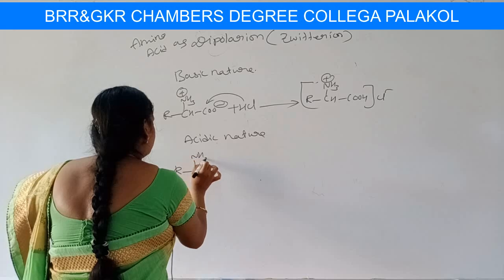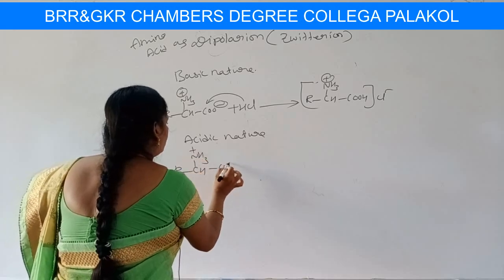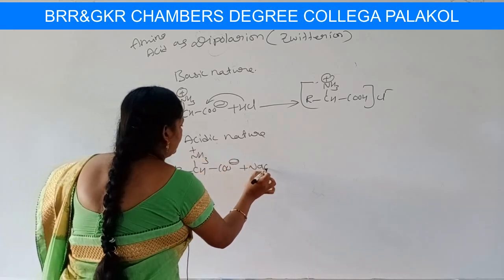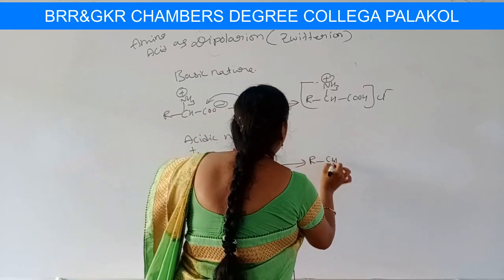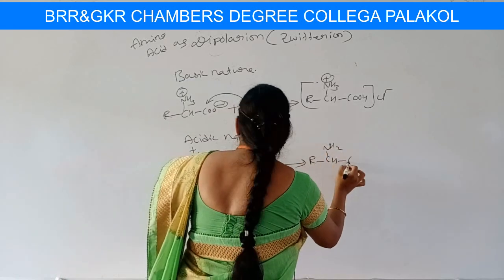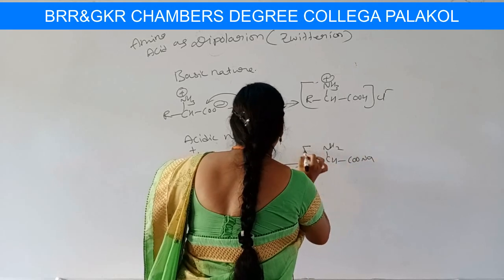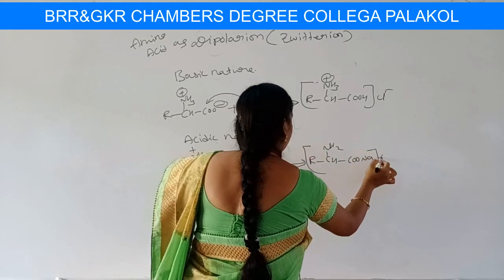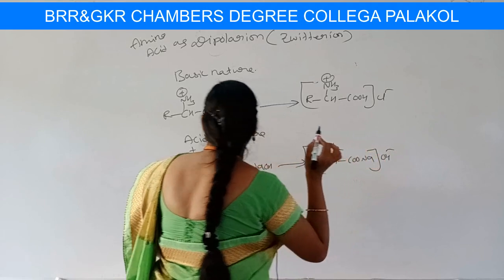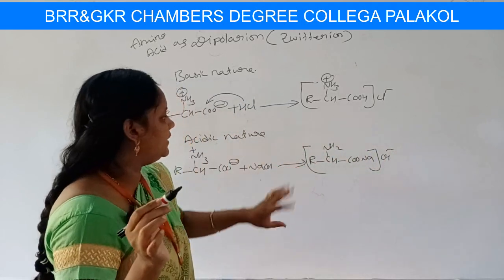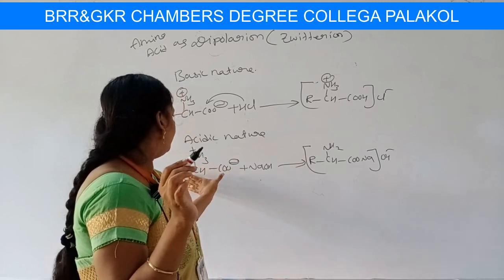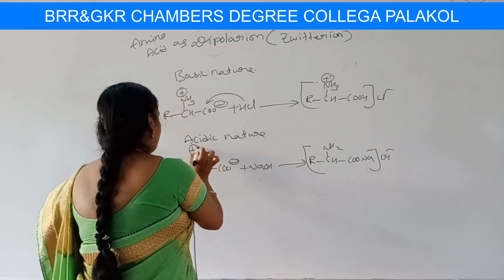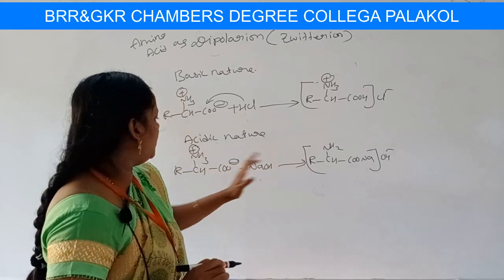RCH NH3 plus COO minus plus NaOH. What happens here? RCH NH2 COO Na with OH minus. Okay students, we will obtain this product.